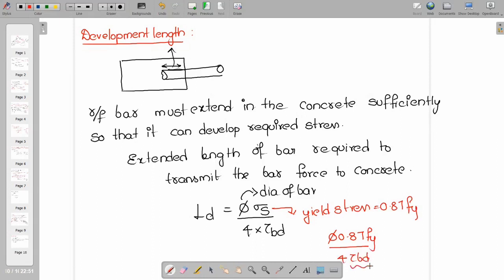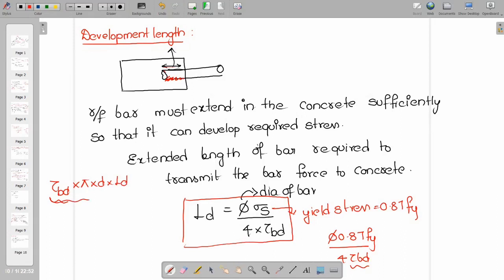Sir, see how this formula came; I'll tell you just for your information. There is a bond stress, tau bd, acting around pi into diameter into the length, which is the development length LD.